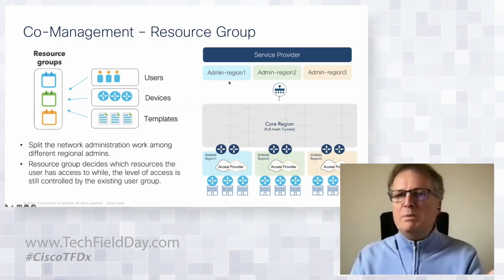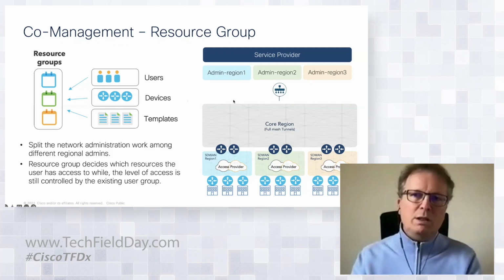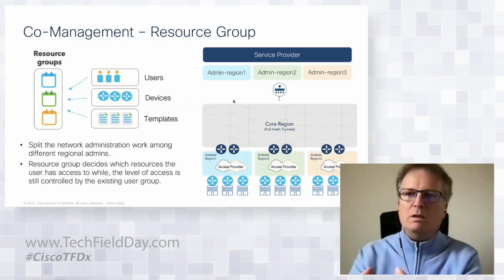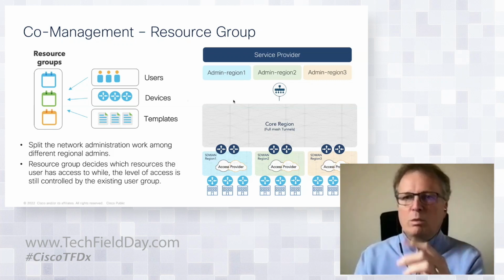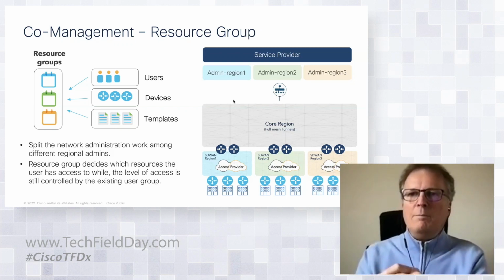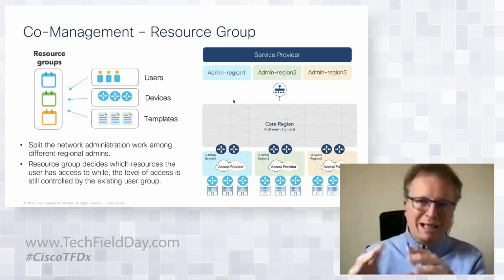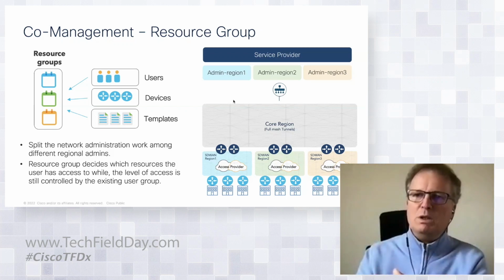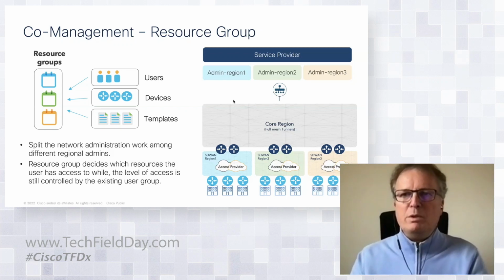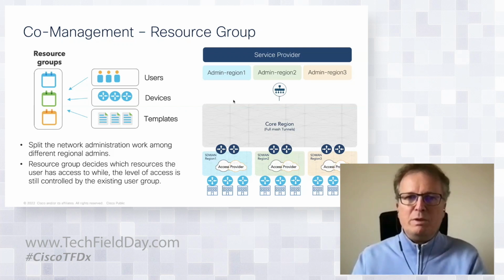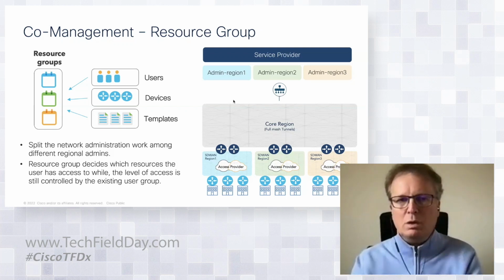So, for example, an admin for Europe can only manage the devices that are in the Europe region and cannot access anywhere else. Combined with RBAC, it's a great way to give access to the customers, but limit it to the devices and the features they can modify. This was a really key requirement from the service providers. So that's now available, and we're going to improve it because that's a key point.